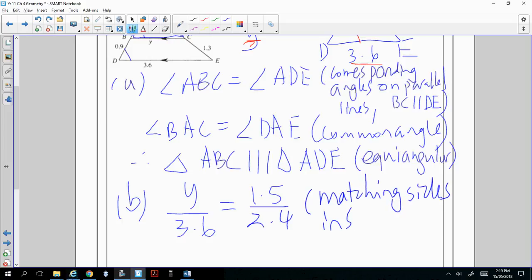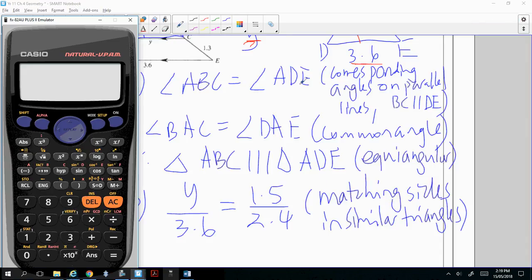Just multiply both sides by 3.6. You can use your calculator to do that. So you get 1.5 over 2.4 times 3.6 equals 2.25. Exactly, good. y equals 2.25. Finish. That's for y.